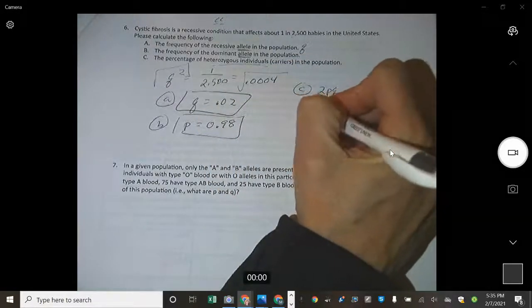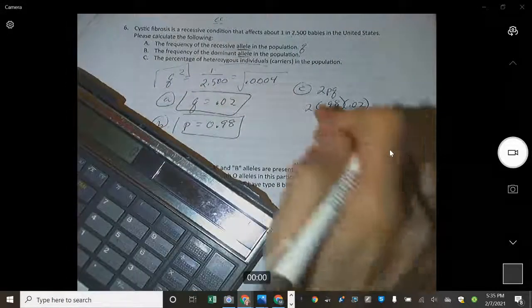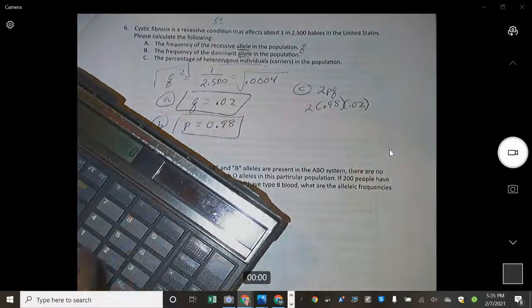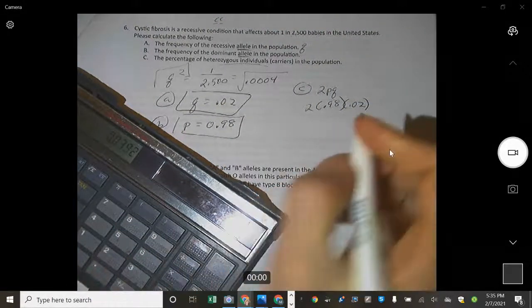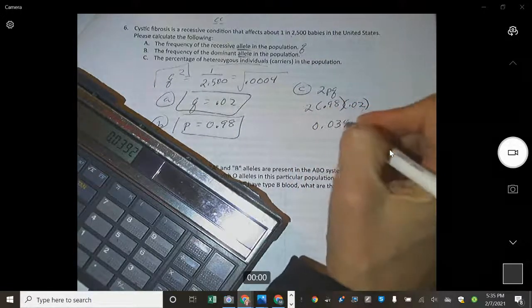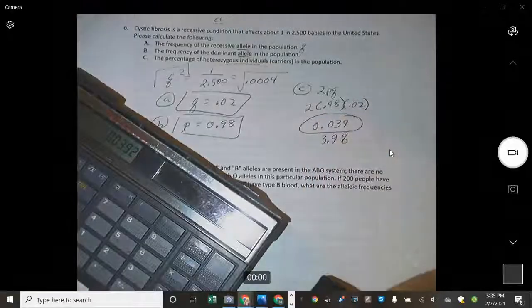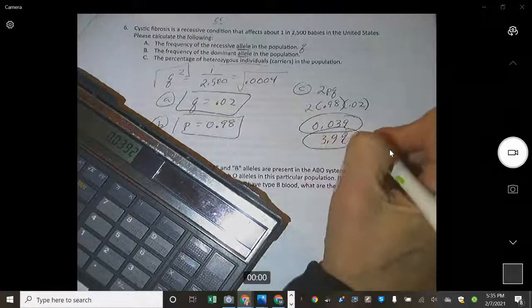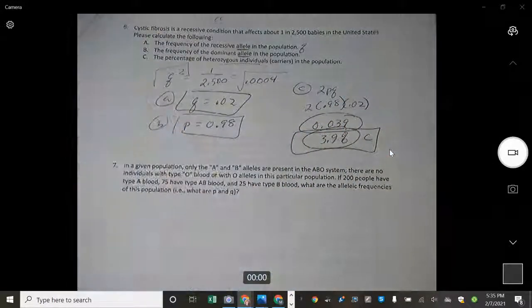So it's going to be 2 times 0.98 times 0.02, because that's P and that's Q. So 0.02 times 0.98 times 2 is going to be 0.039. So that's really 3.9%, right? So this is part C. 3.9% of people in the United States are carriers.